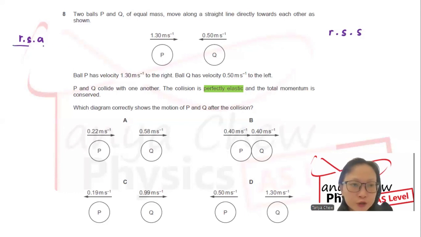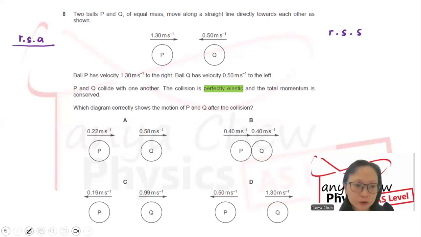So how do you calculate the relative speed of approaching? Remember, relative speed of approaching and relative speed of separation have nothing to do with the masses of P and Q. It doesn't matter whether P has a larger mass or Q has a smaller mass. It doesn't matter at all.